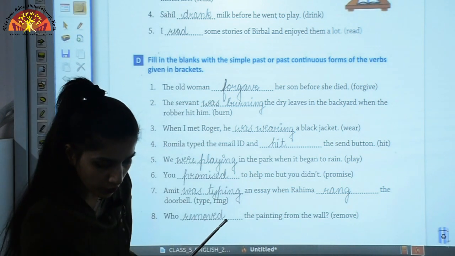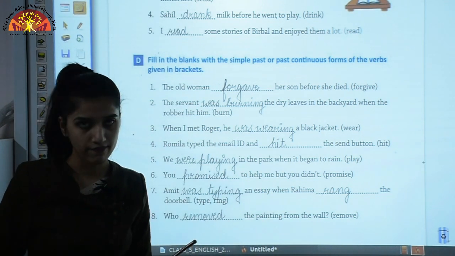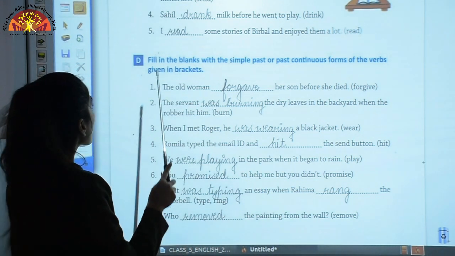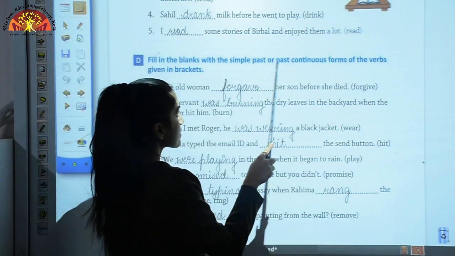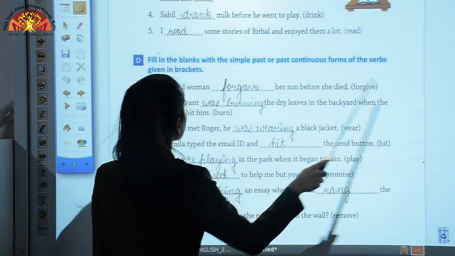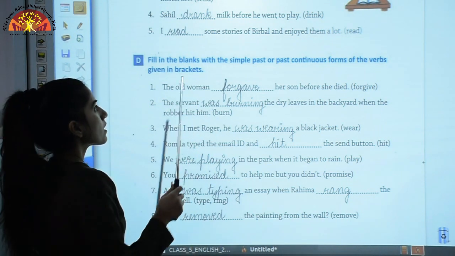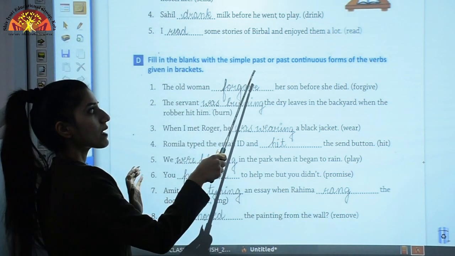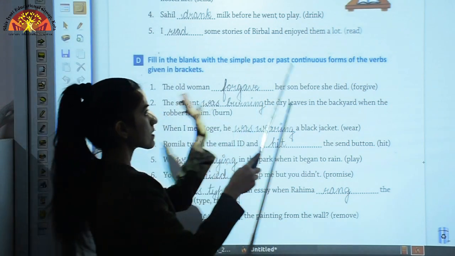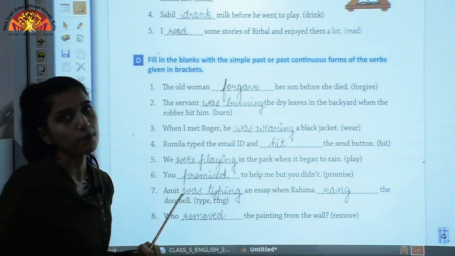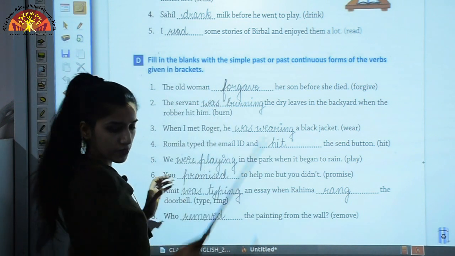Now you can open your books to page number 57. Fill in the blanks with the simple past or past continuous forms of the verbs given in brackets. So either we need to fill the blank with the simple past tense form of the verb or the past continuous form of the verb. So what was the structure for simple past?